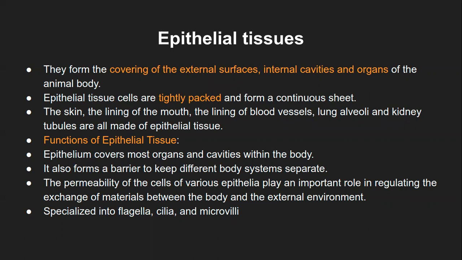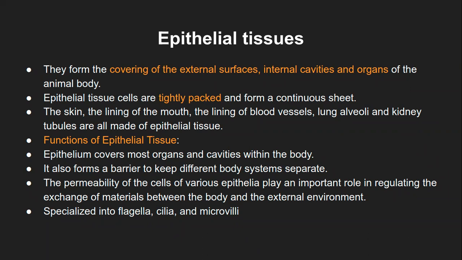Now structurally, these epithelial tissues are tightly packed. Now again, go back to the logic: why do they have to be tightly packed? Imagine the intestine has loosely packed cells on the innermost cavity. What would happen? The food that you are eating may directly go out through the intestinal wall itself.